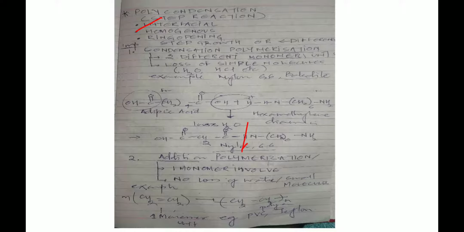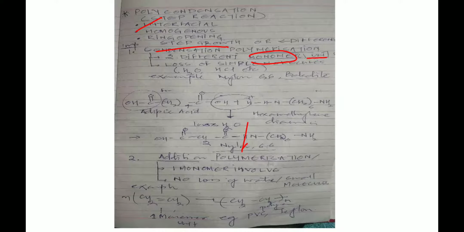Moving ahead, the step growth reaction is a combination process, a reaction in which two different kinds of monomers, which can be of similar or different kind, combine. Here we are talking about two different monomers. For example, AB is one monomer and CD is another monomer. These two are different monomers, right?